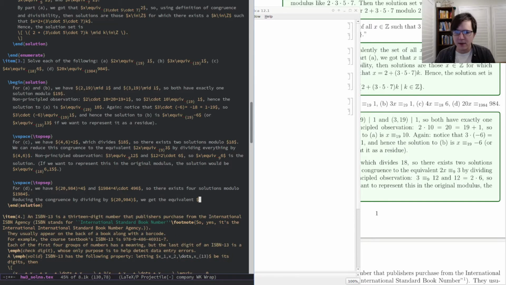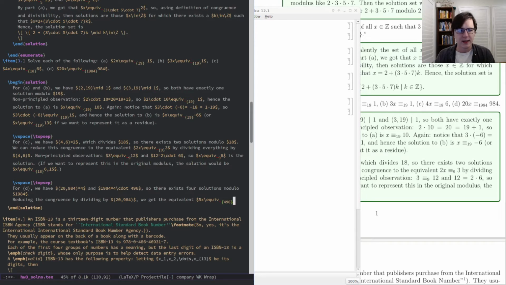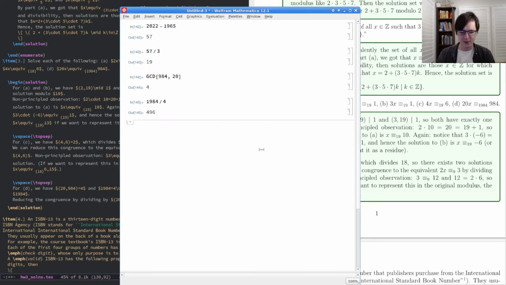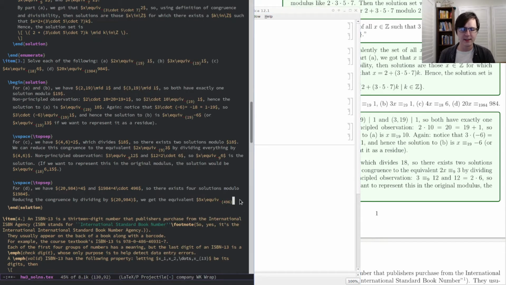So 20 divided by 4 is 5. 1984, this is why I wrote it with that dot so I could remember its quotient, and then 984 I did not calculate, 246. So by this calculation, we know that the GCD of 5 and 496 is 1.